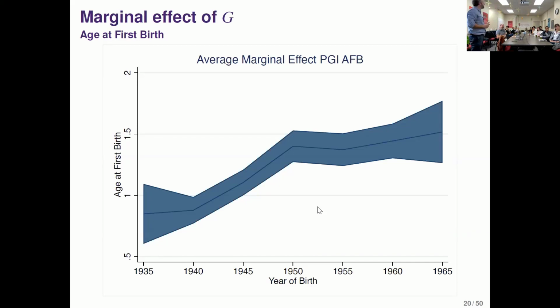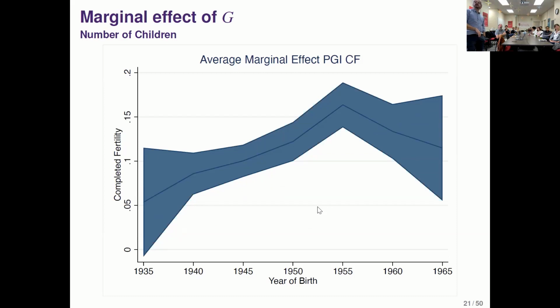We estimated a G by E model in which the E is the 5-year birth cohort. This is the average marginal effect of the PGI by year of birth. If there was no gene-environment interaction, or gene-cohort interaction, we would see a straight line, so the marginal effect of the PGI would be the same across all cohorts. What we see, though, is that the PGI seems much more relevant among the recent cohorts for age of first birth.